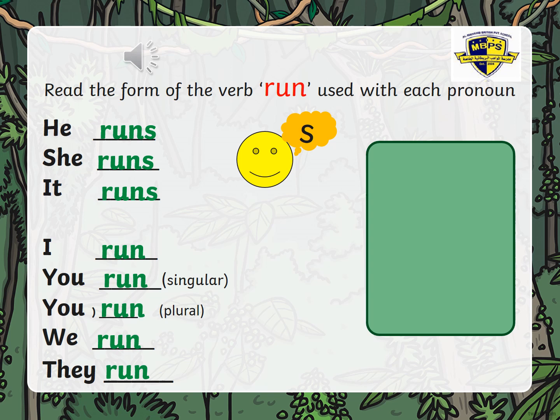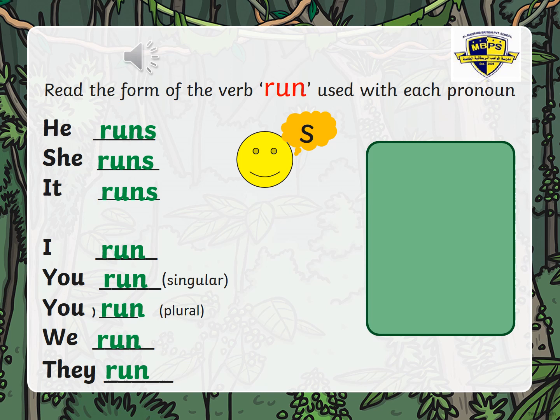Here, KG2, I want you to read the form of the verb run used with each pronoun. This means we are going to read the verb with each pronoun. The first pronoun is he, and we know that he is singular.